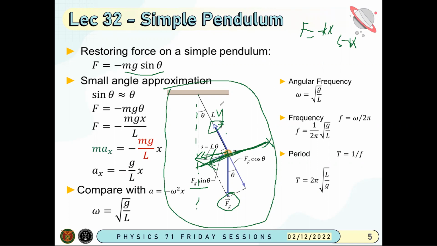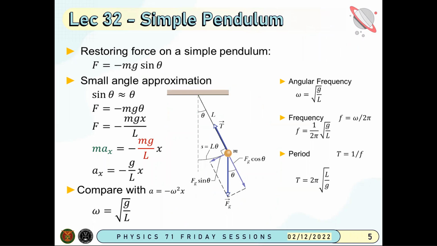Now, if we take into account ang small angle approximations, so meaning, for very, very small angles or very small angular oscillations, like gusto mong ipa-oscillate tong pendulum in very small angles, yung motion ng simple pendulum is approximately a simple harmonic.